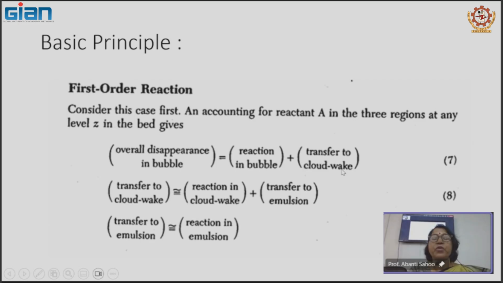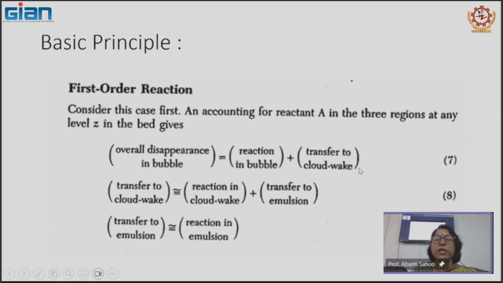Some solid particles and gas are there in the cloud region. When the bubble moves out, some gaseous reactant also comes to the wake region, that is, the lower part of the cloud.